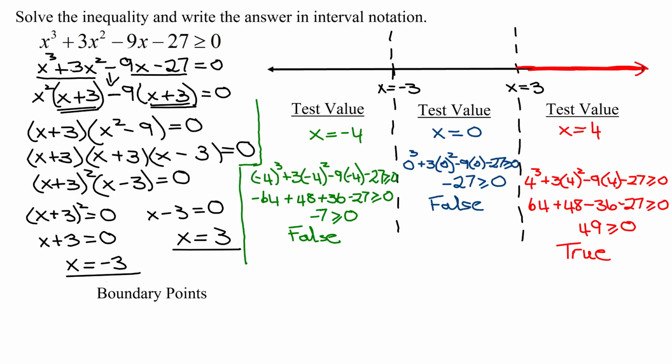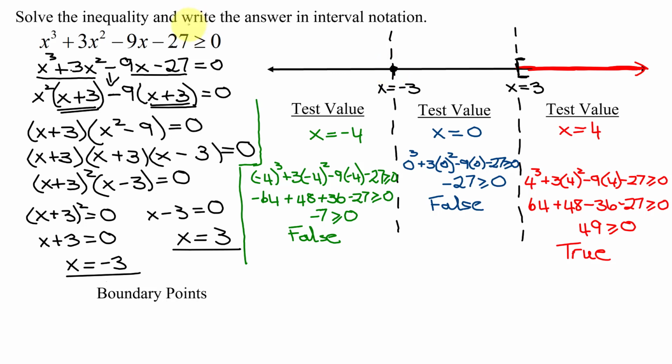So looking at our problem, I have greater than or equal to. So my boundary points have to be included. So that means I need to use a square bracket on this interval. So definitely this is part of my solution set. But both boundary points have to be part of my solution set. So I also need to include x equals -3.